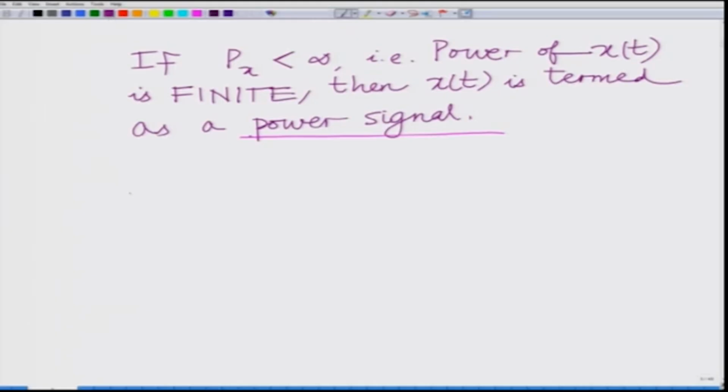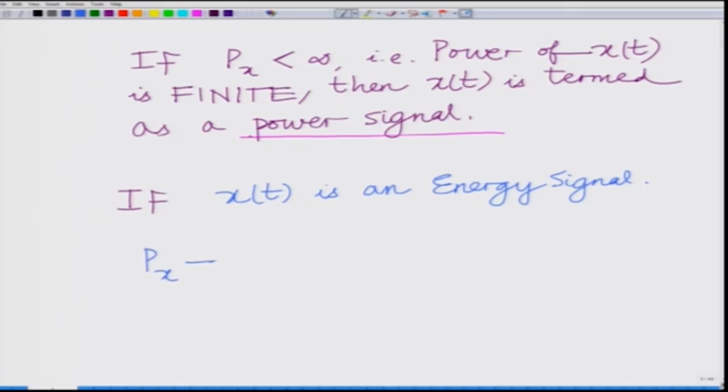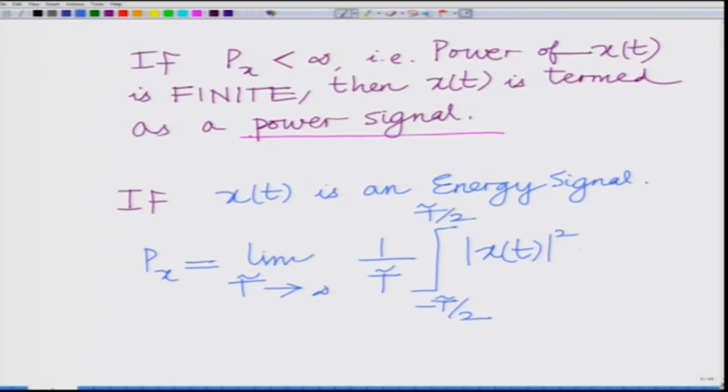Now, observe an interesting property. If the signal x(t) is an energy signal, then the power Px equals the limit as t tilde tends to infinity of 1 over t tilde times the integral from minus t tilde divided by 2 to t tilde divided by 2 of magnitude x(t) squared dt.